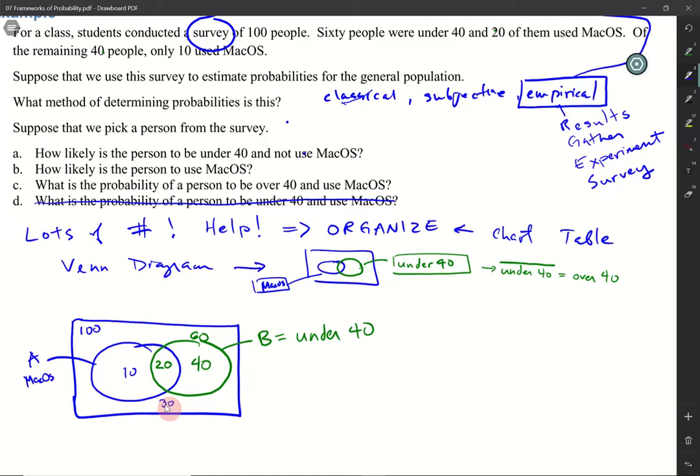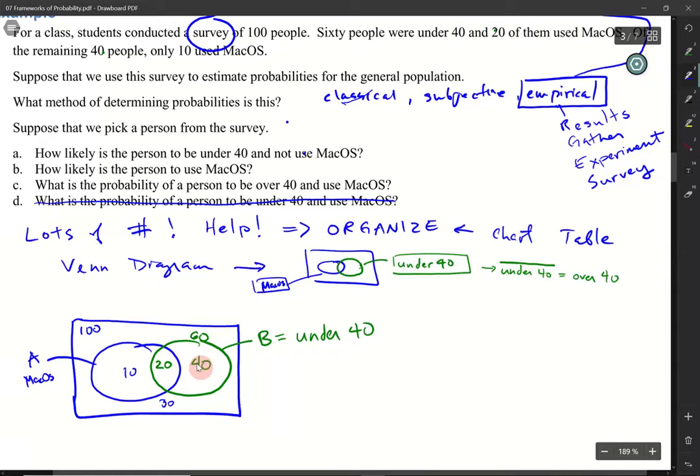So how likely is a person to be under 40 and not use MacOS? Under 40, that would be B, because B is under 40, and not use MacOS, so that would be A not.